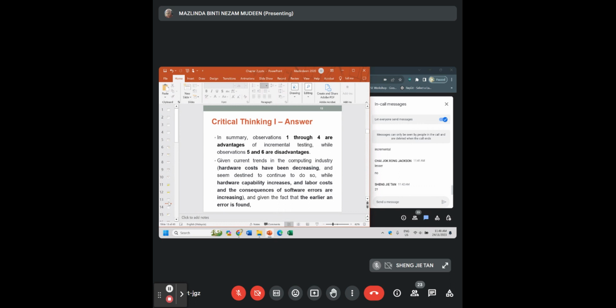You can check back what the 4 points were. Then points 5 and 6 are actually disadvantages for the incremental approach, because the non-incremental approach has the advantages.